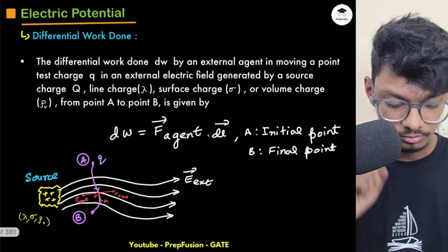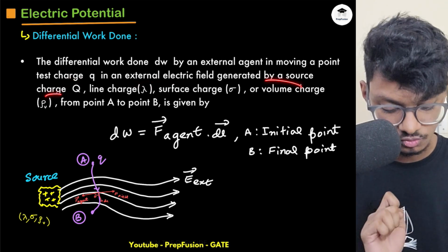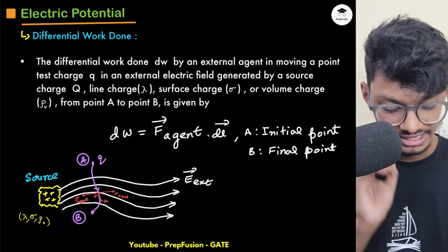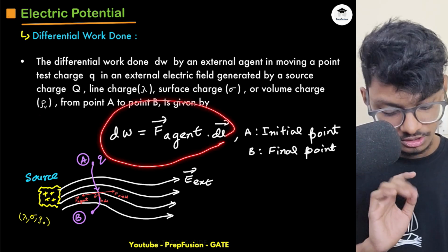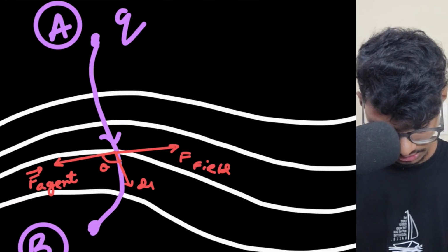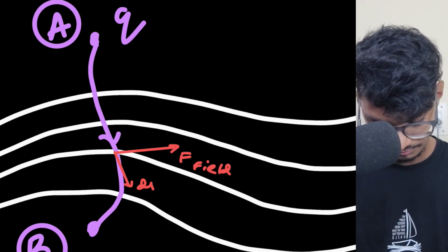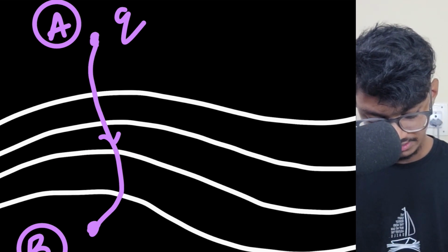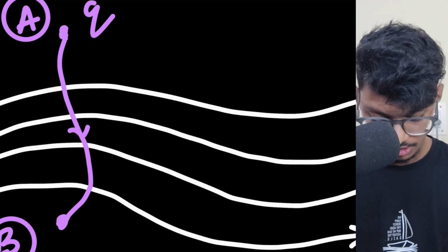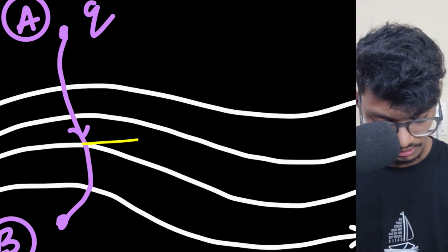The differential work done dW by an external agent in moving a point test charge Q in an external electric field generated by a source charge Q, or line charge lambda, or surface charge sigma, or volume charge rho v, from a point A to point B is given as this. And F agent will be equal to what? F agent will simply be in the opposite direction. Basically, if a point charge is, let's say I am moving this from here to here, let's say I am at this point currently. So the force due to the external field is here.